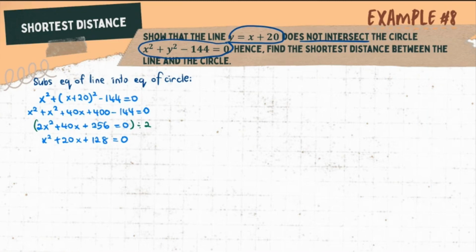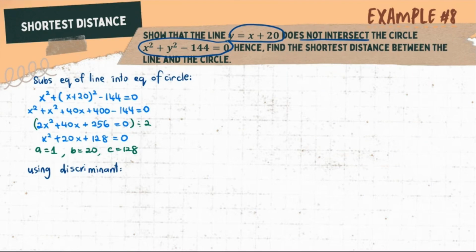So ini sudah dalam bentuk ax squared plus bx plus c, A adalah 1, B adalah 20 dan C adalah 128. So using discriminant, apakah formula kita? B squared minus 4AC equals to 20 squared minus 4 multiplied by 1 multiplied by 128.